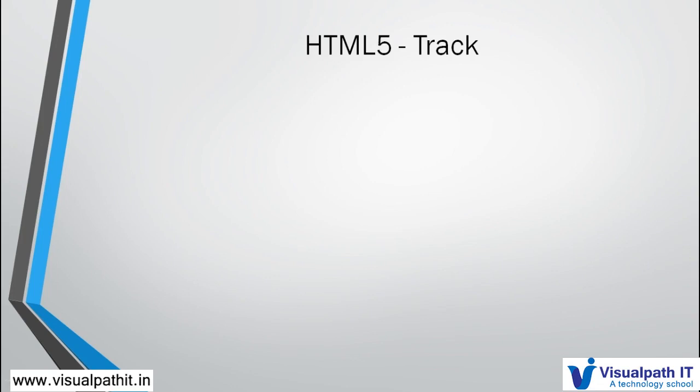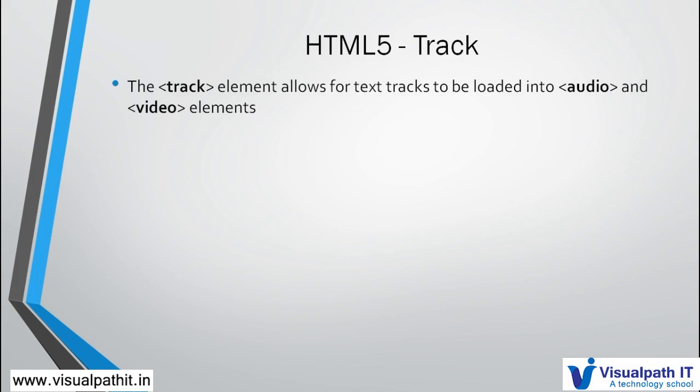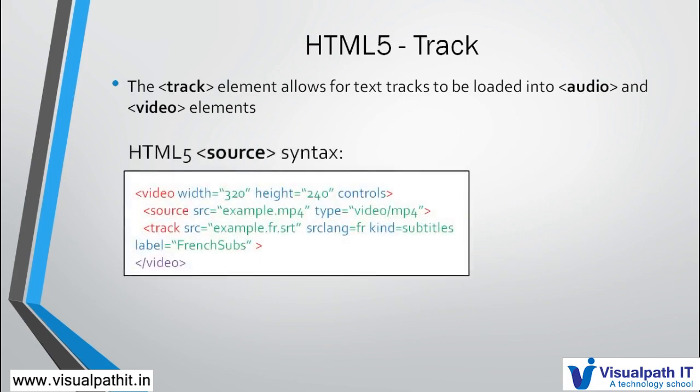Let's see what HTML5 track has. The track element allows for the text tracks to be loaded into audio and video elements, where if you see the syntax below, the source syntax are video width 320, height, then the controls.